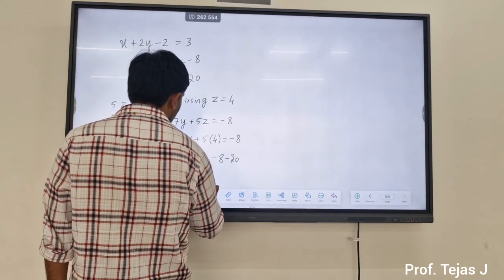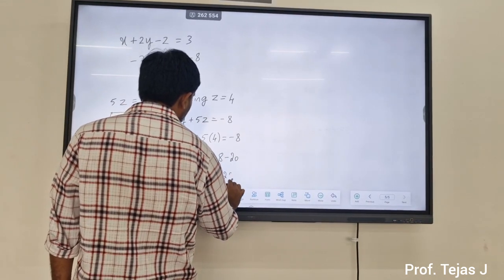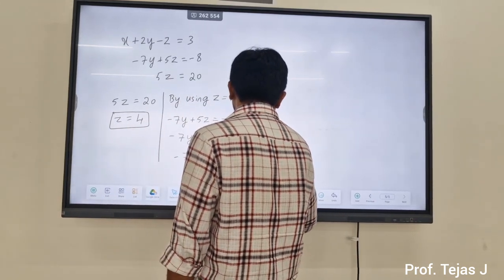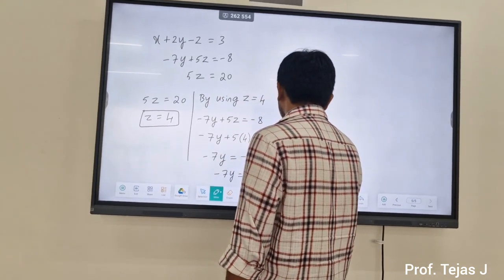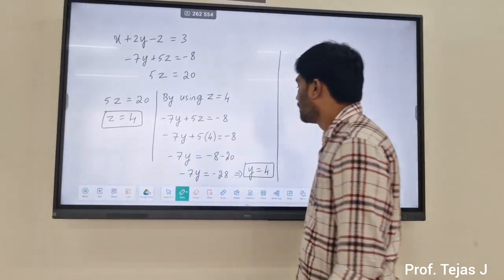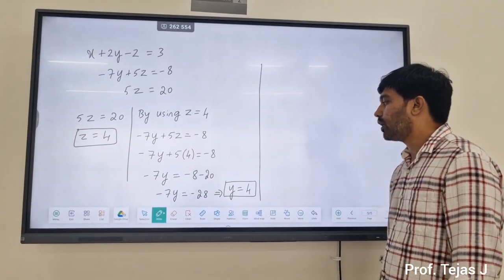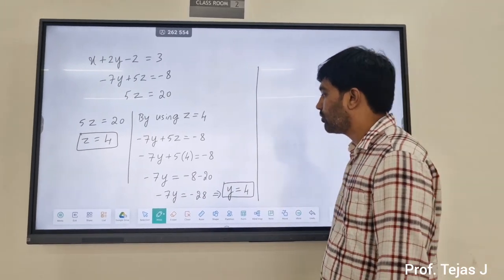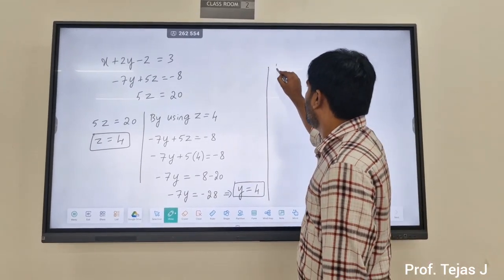Minus 7 into y equal to minus 28. That will be y is equal to 4. Right? When you apply the division, minus 28 by minus 7, you will get a value of 4.